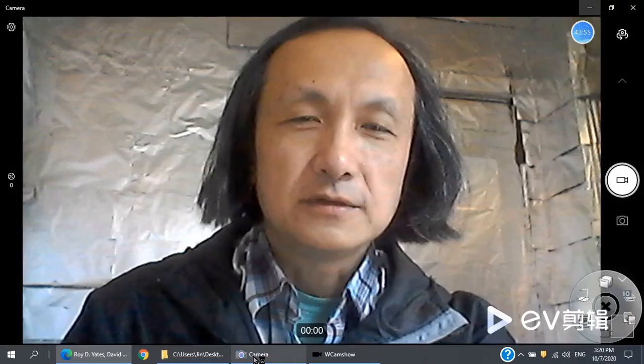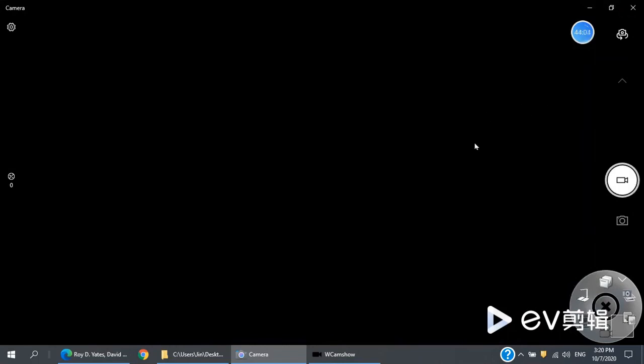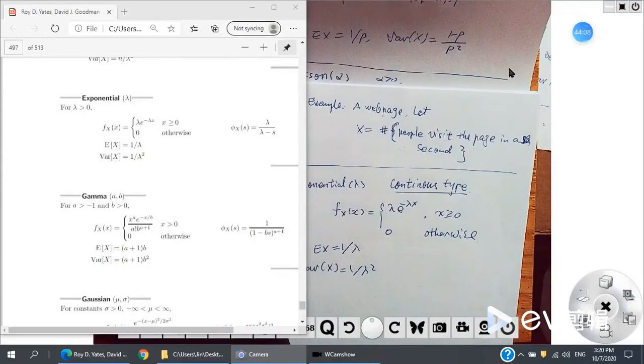Slow. Maybe I need to close this. No. This one doesn't run. You see, I'm moving, but the camera doesn't work. Let me turn it off. It occupies my memory or internet. Okay.